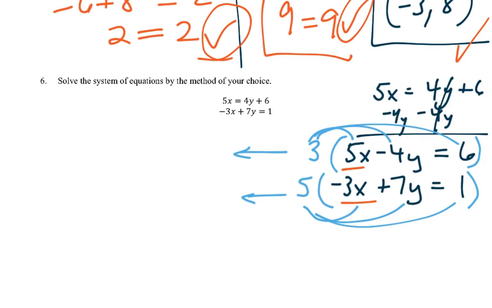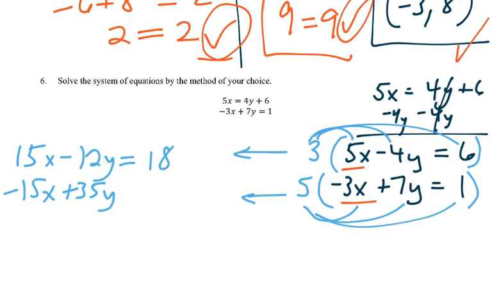So we end up getting 15x minus 12y equals 18. And then on the second equation, we get negative 15x plus 35y equals 5.